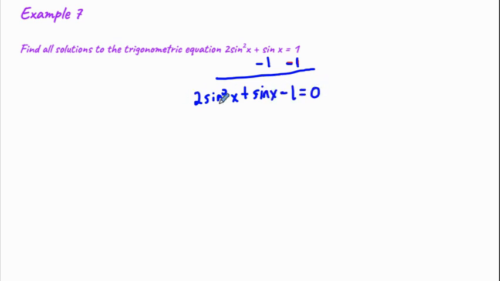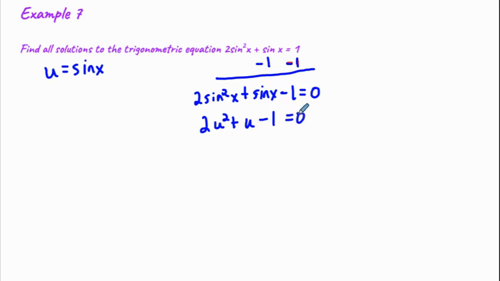And once again, it looks like we have a polynomial, specifically a quadratic. If we let u equal sine x, then we would have 2u squared plus u minus 1 equals 0.